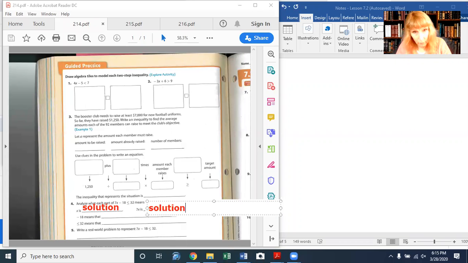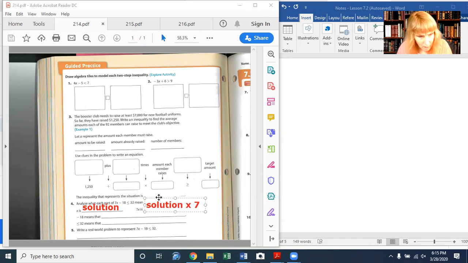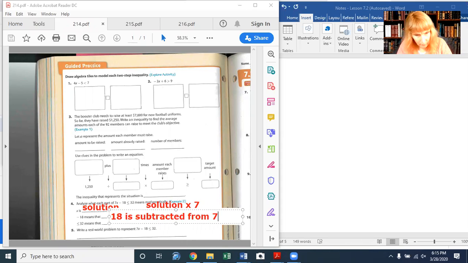So solution or variable multiplied, we'll just say times 7. Negative 18 means that, what do you think? It means that 18 is subtracted from 7x.